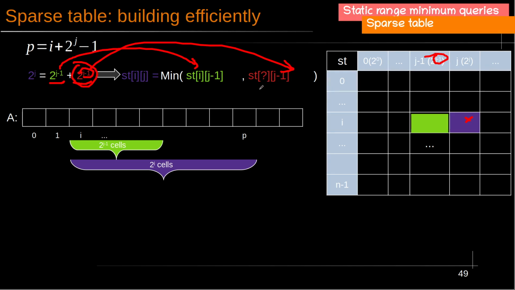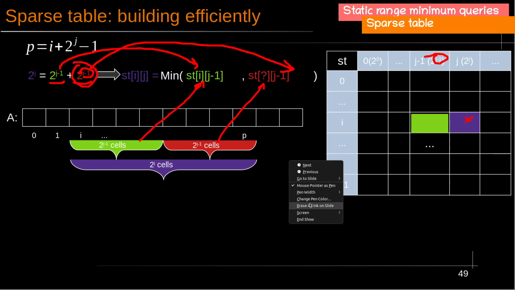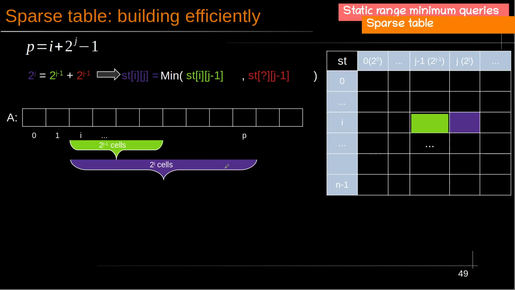But we don't know the row. How to compute this row? We have 2 power j minus 1 cells for this, and the green one, the number is for this. Okay. What about the row now?